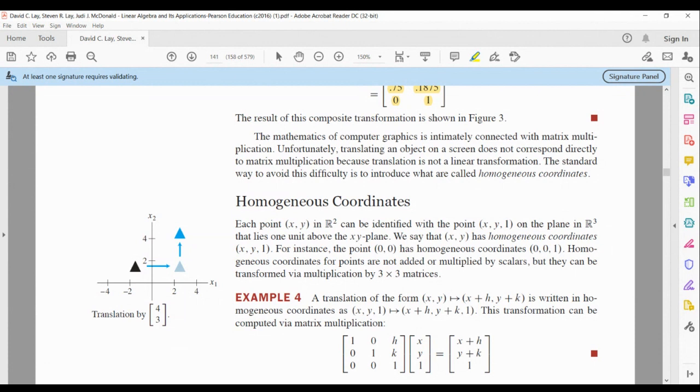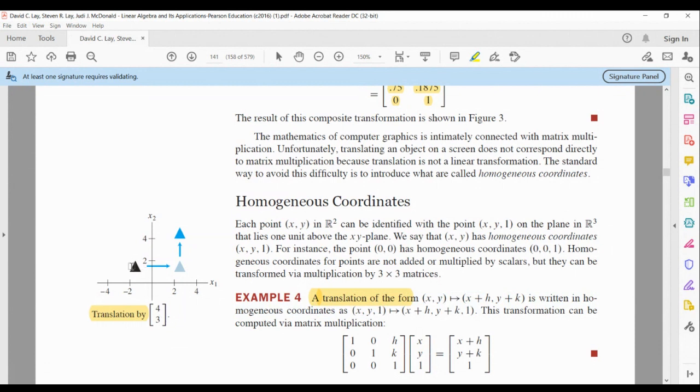Maybe the matrix does a rotation, maybe a reflection about the x-axis or the y-axis. But what haven't you seen before? You have not seen a translation of a coordinate, where it gets moved up or down. For instance, here you have something called a translation of 4x3.